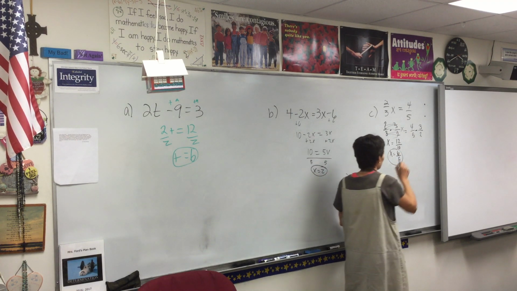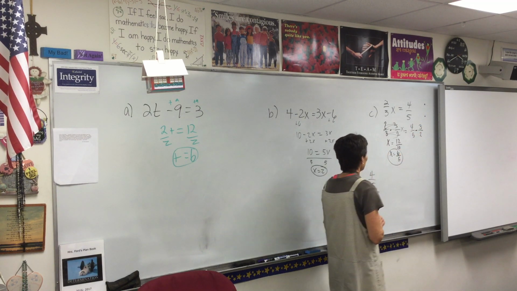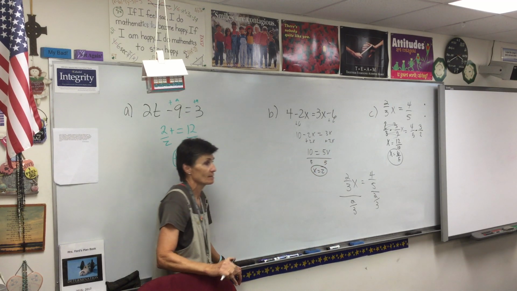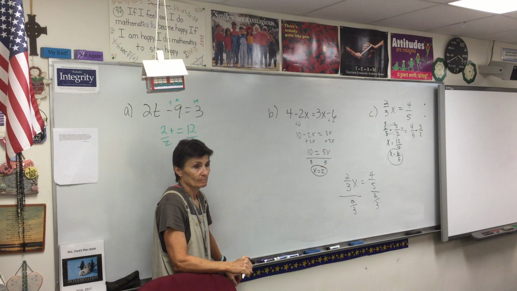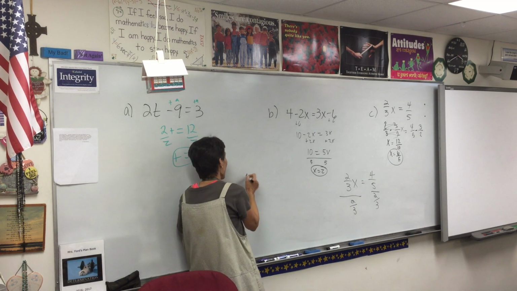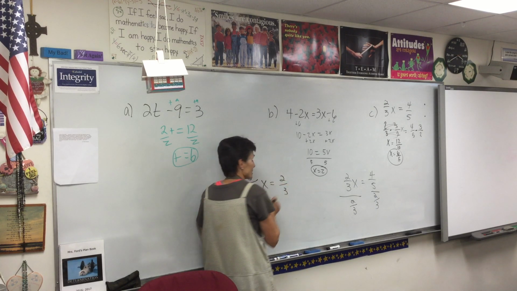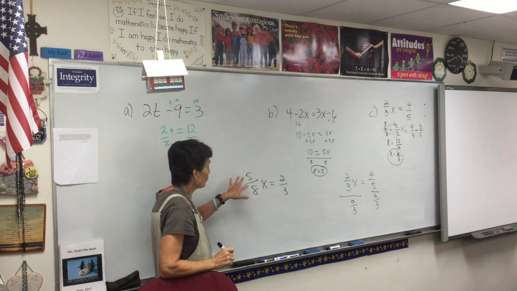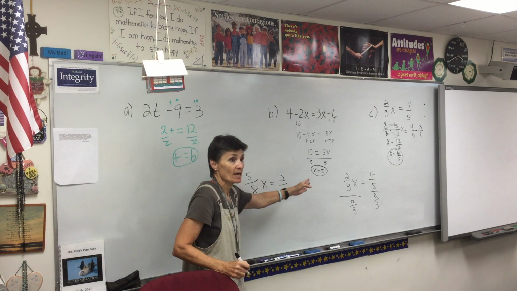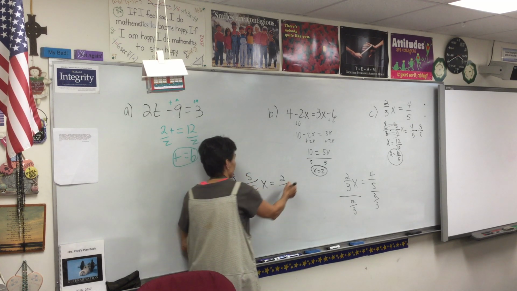And when we multiply fractions, it's straight across. So she got 12/10, which she magnificently reduced to 6/5. So if we had 5/8 x equals 2/3, we could solve that real easily by multiplying both sides by what? 8/5.